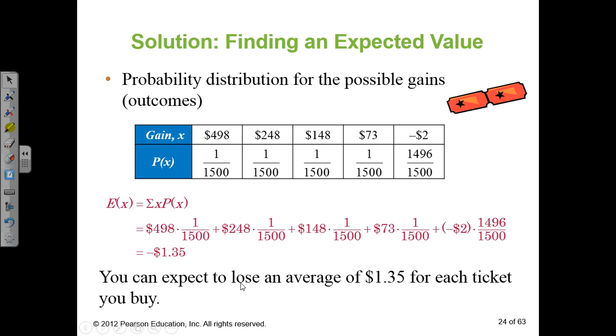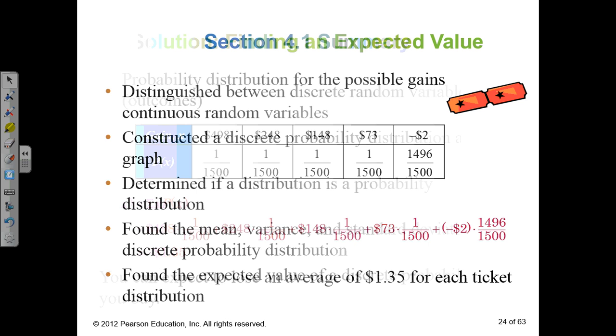So you can expect to lose an average of $1.35 for each ticket you buy, which is what's expected because the church or the club that had the raffle expects to make money. They expect you to lose and them to come out with a net gain that's positive.